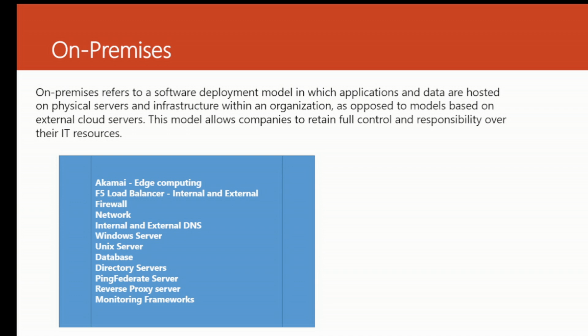So to run an on-premise setup, you need all these things, right? And sometimes when things become complex, in terms of network or anywhere else, during a major issue it's a little tough to diagnose.